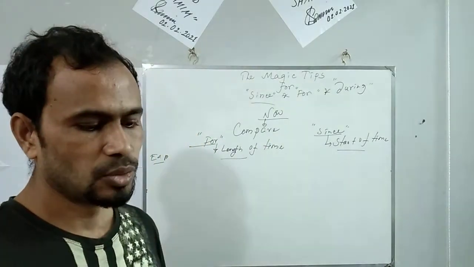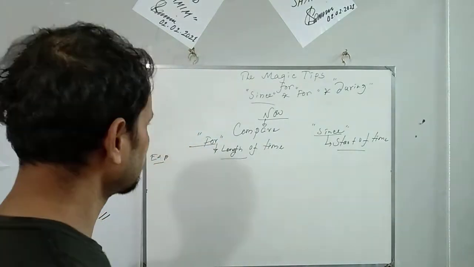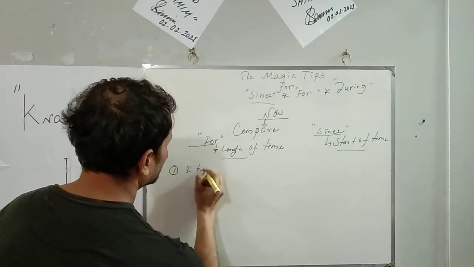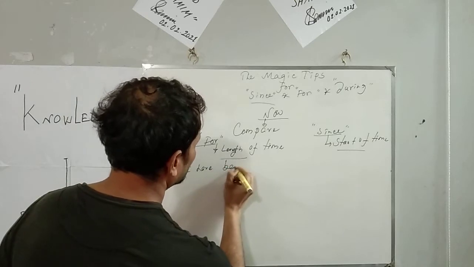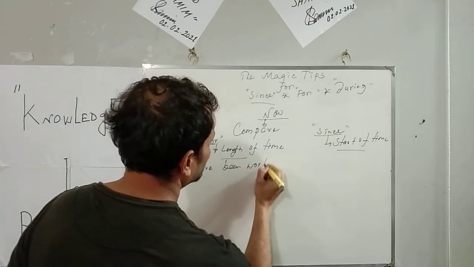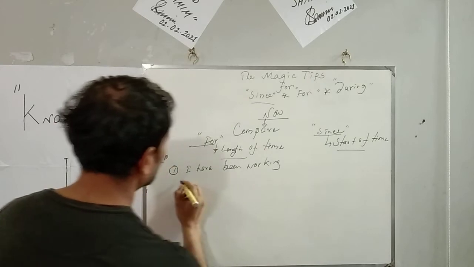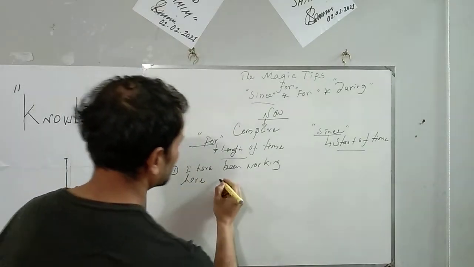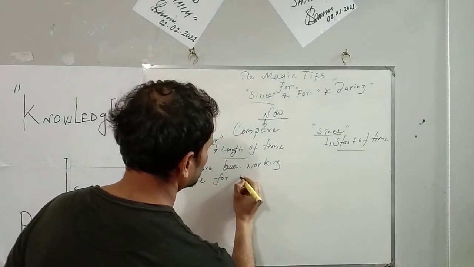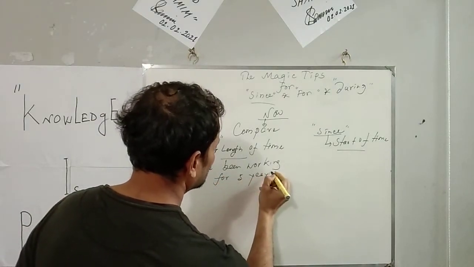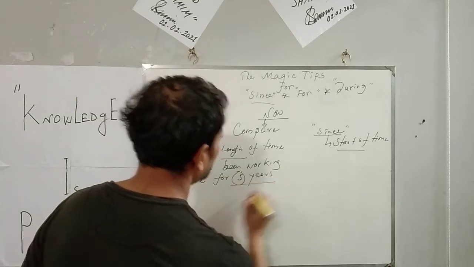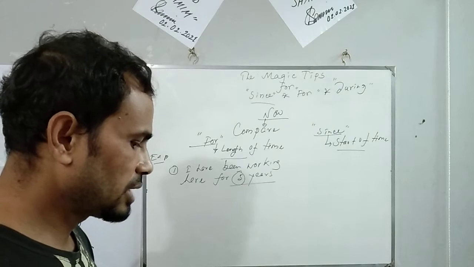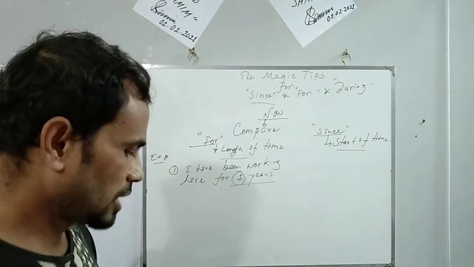I have been working here for 5 years. For 5 years, okay. 5 years is the length of time. Now look at since equal to start of time.